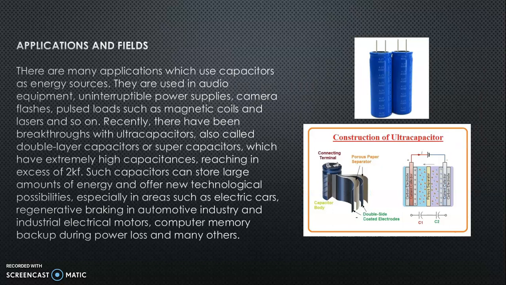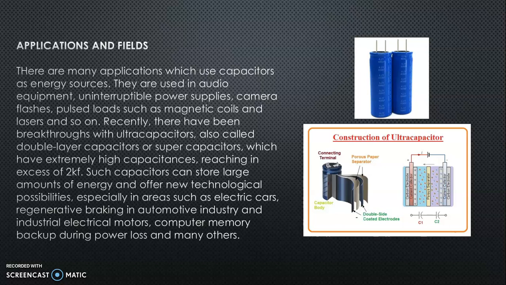There are many applications and fields which use capacitors as an energy source. They are used in audio equipment and uninterruptible power supplies, camera flashes, and pulsed loads such as magnetic coils and lasers and so on.